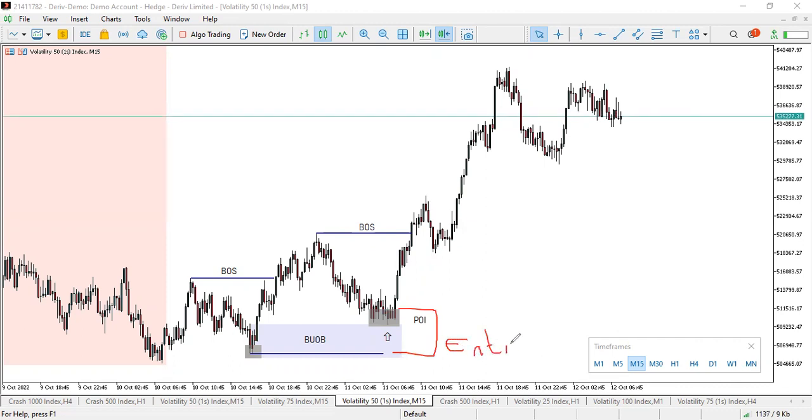And then from there, we hold to that previous BOS. This is our target. And then at the end of the time, all trades were won.